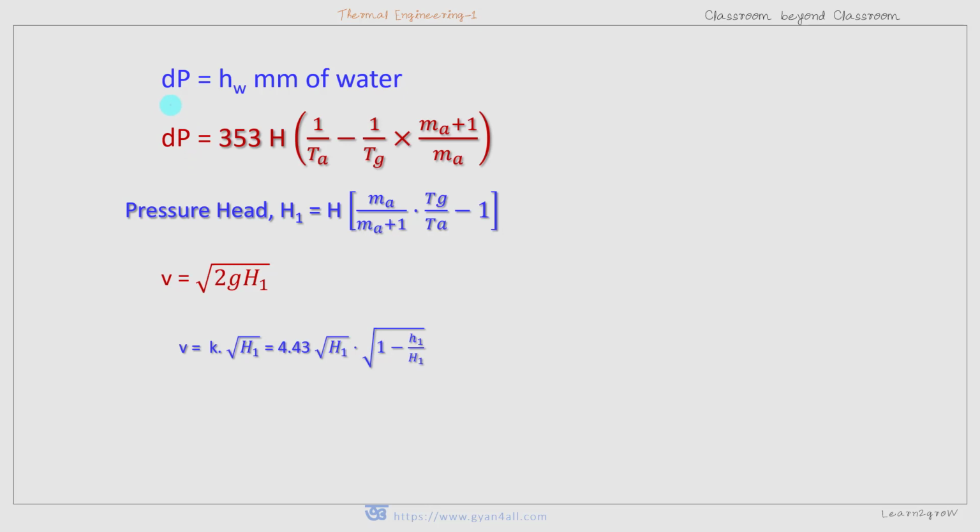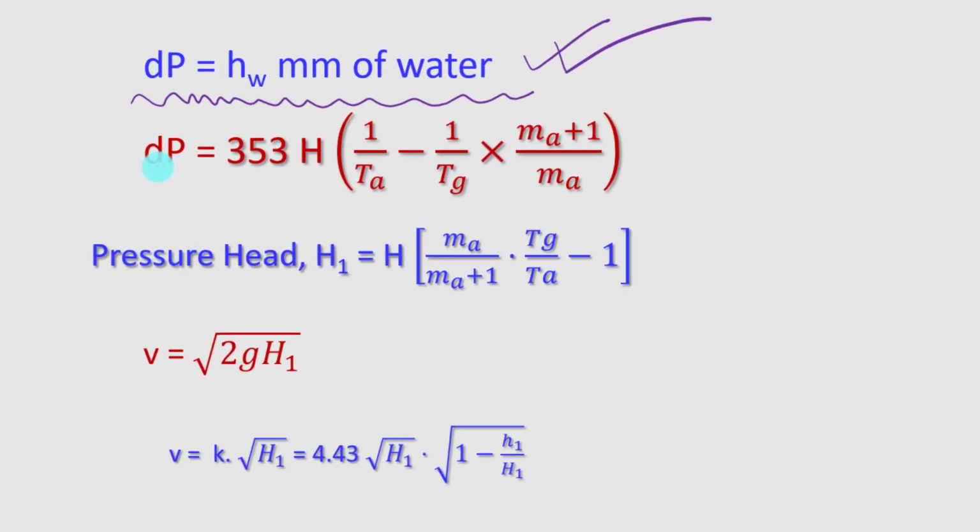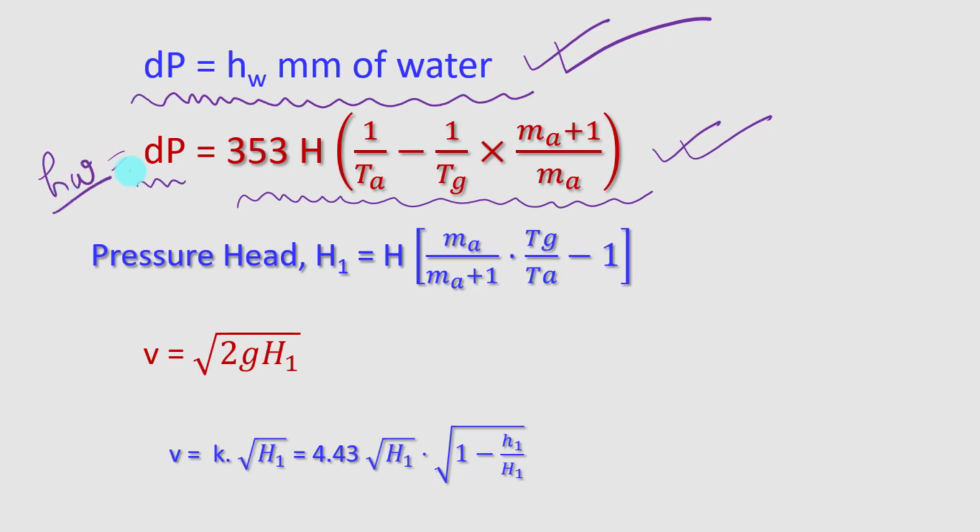Now, so far we have discussed the differential pressure dP is equal to Hw millimeter of water, which can be measured by using a water manometer, and dP is also equal to 353H. This is our derived formula. So this is also equal to Hw. One is the measured or experimental value and the other one is the derived formula.